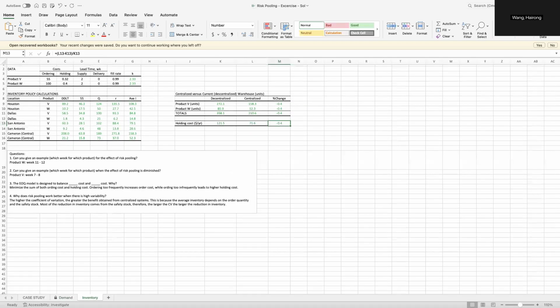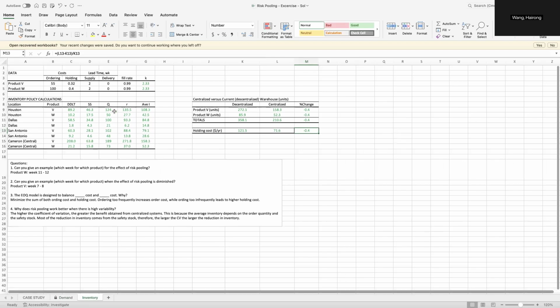Let me make it larger. All right. Then here I would like to mention that for this case study, we have different holding costs, which means the holding costs for the two different products are not the same.